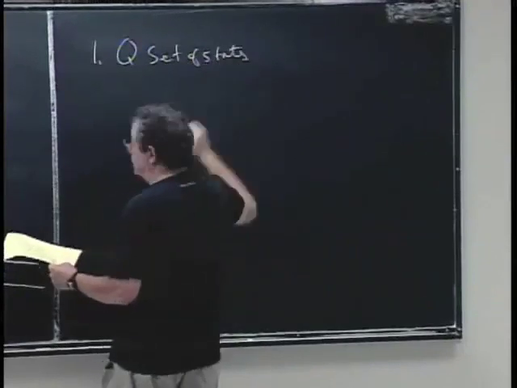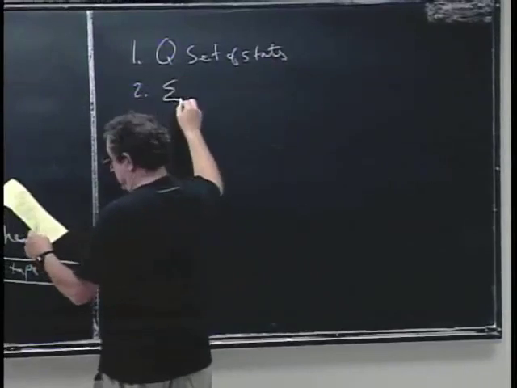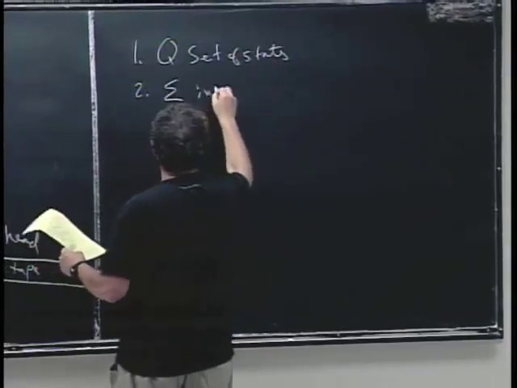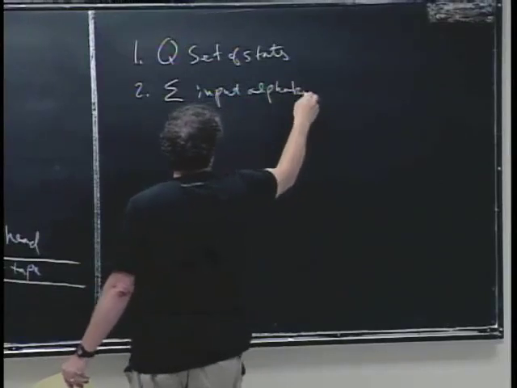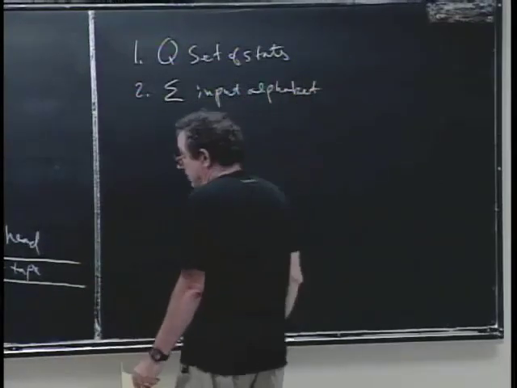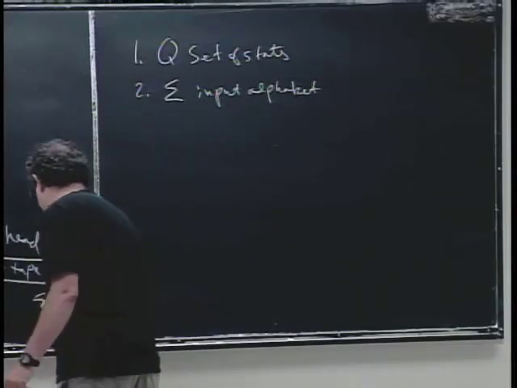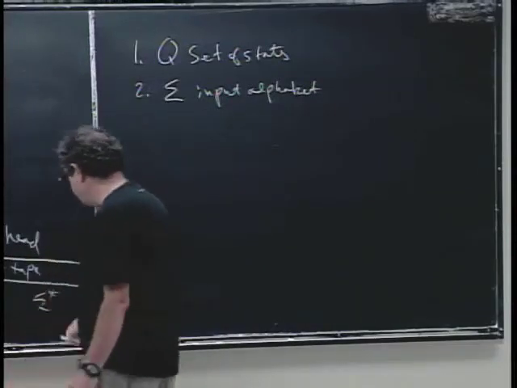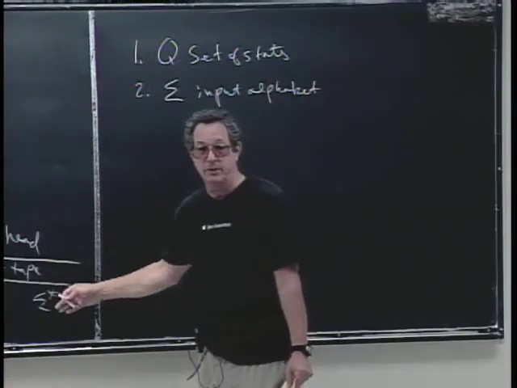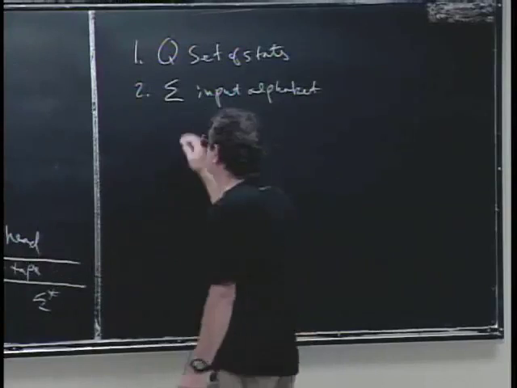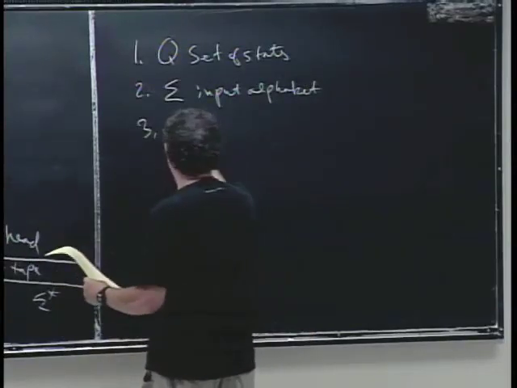It has a set of states, Q. It has an input alphabet. That means that what's written here is something from sigma star. So the alphabet of the input string is sigma, but it also has a stack alphabet.